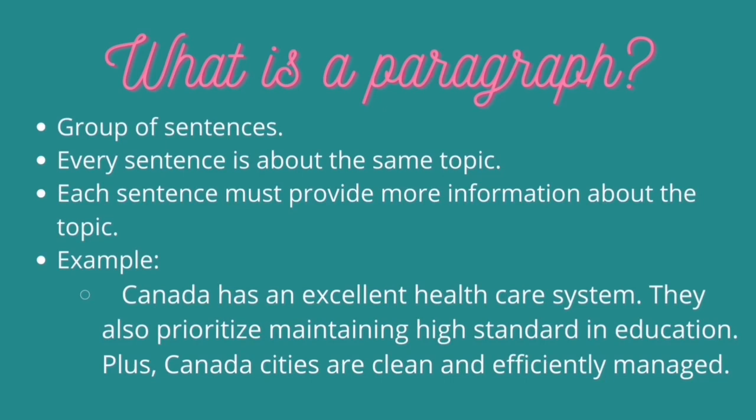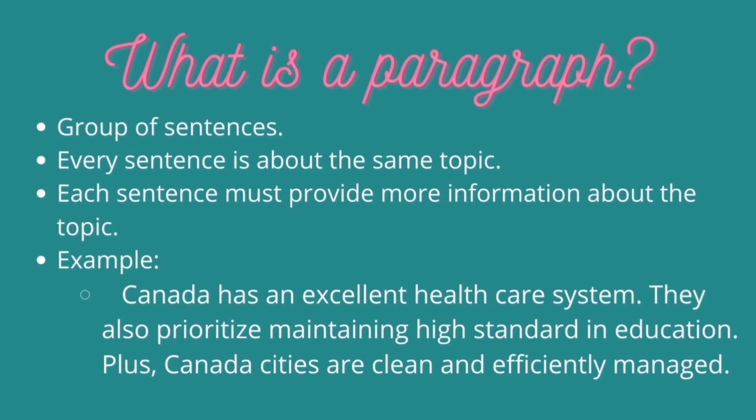Canada has an excellent healthcare system. They also prioritize maintaining high standards in education. Plus, Canada's cities are clean and efficiently managed. This example actually proves all of the 3 points above. It's a group of sentences, a paragraph. And each sentence is about the same topic.